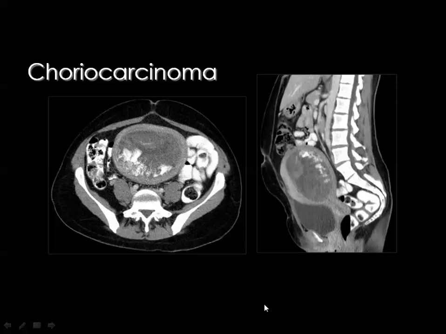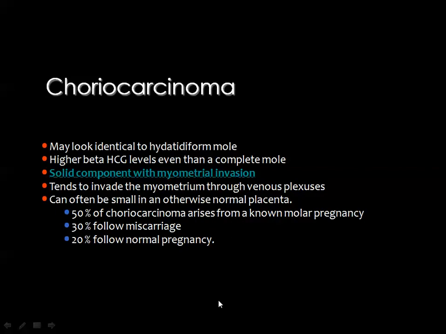And many times you can detect calcium, and the calcium is detected better by CT scan, and you see there is a mass in the uterine cavity which contains calcium, and you can also appreciate the invasion of the myometrium.